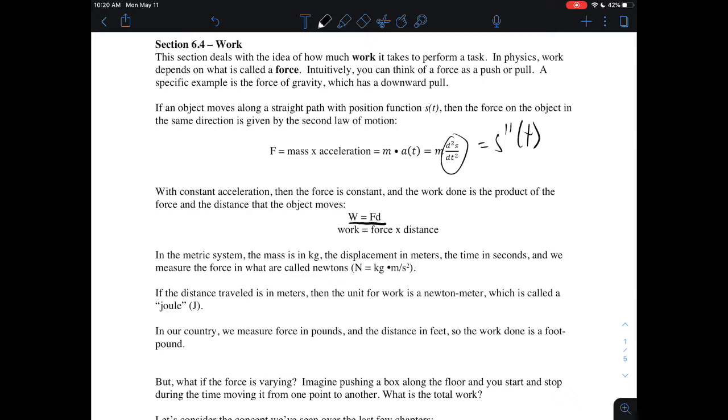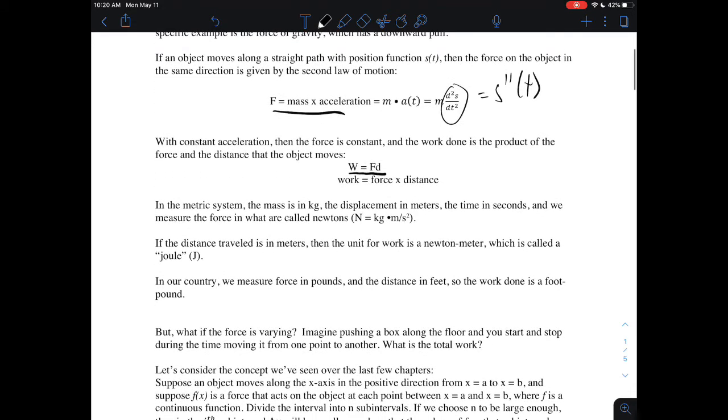So this relates exactly to force, mass times acceleration, so kilograms times meters per second squared. If the distance traveled is in meters, then the unit for work is a Newton meter, which is also called a joule, which we abbreviate with just the letter J.